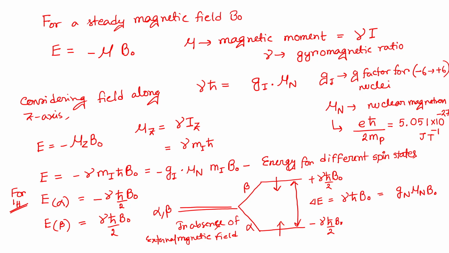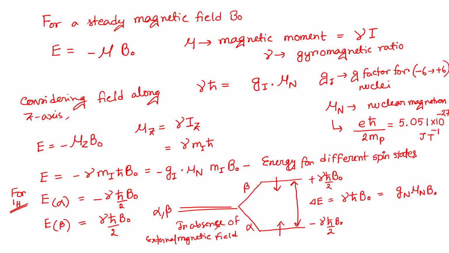Now when you shine this system with some light, and if the spin can flip, that means a transition from alpha to beta, and you are providing this delta E amount of energy, then delta E you can write obviously as h nu.